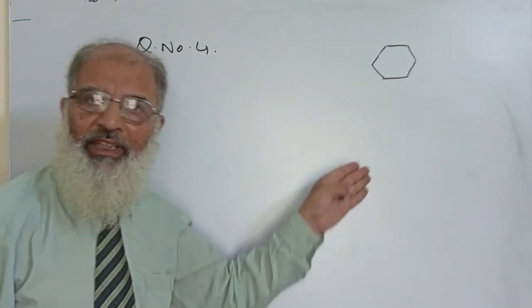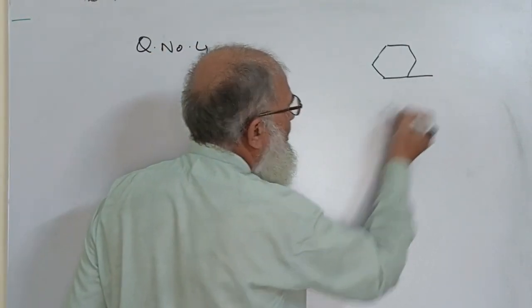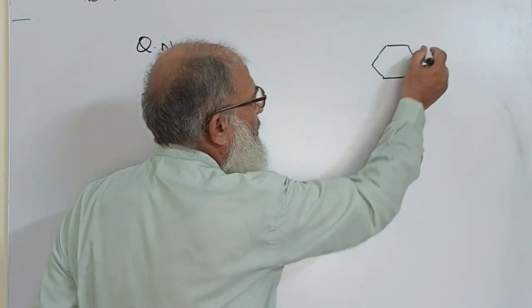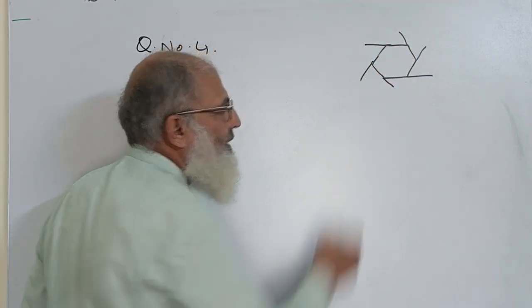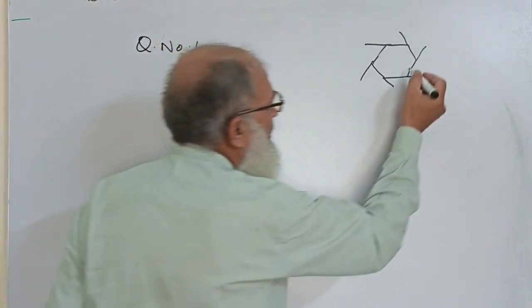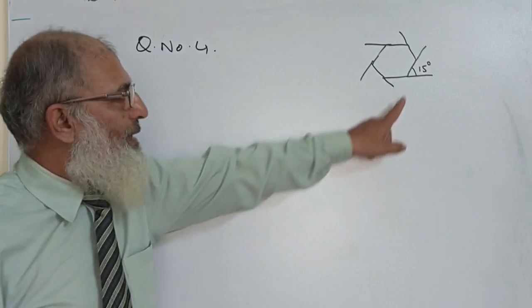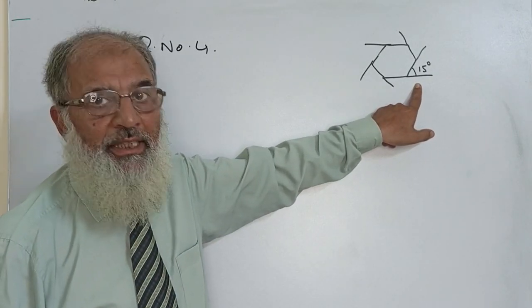These all are the exterior angles, and we don't know how many sides this polygon has. The only thing given is that one of the exterior angles is 15 degrees.